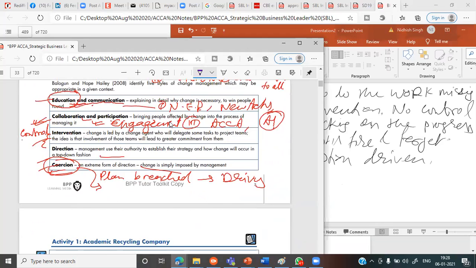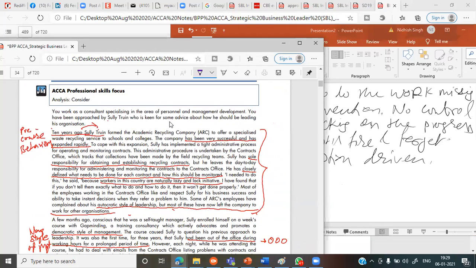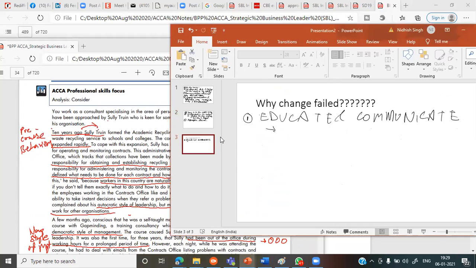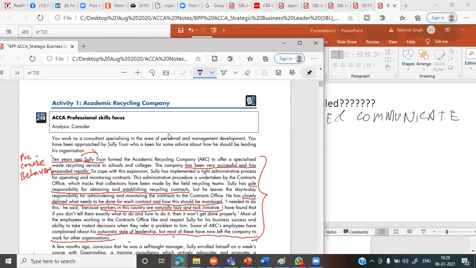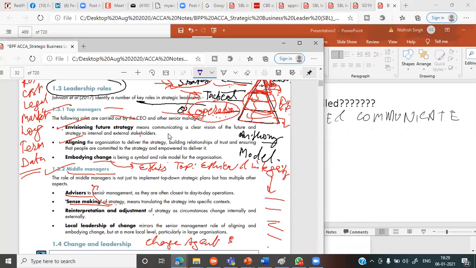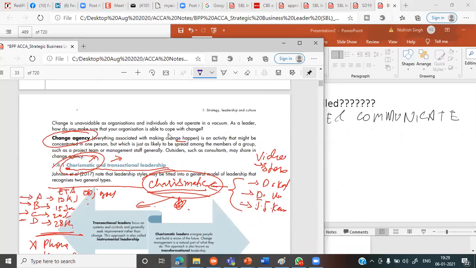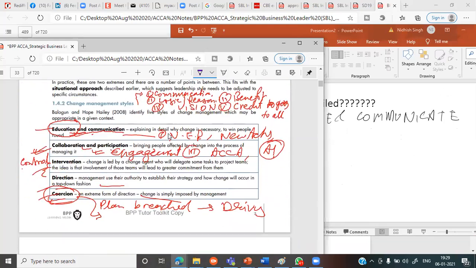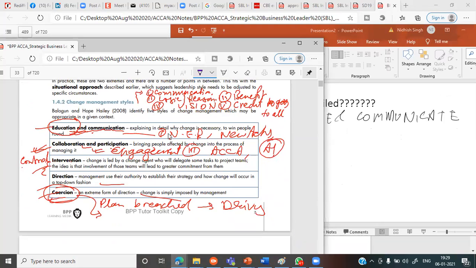We have to highlight, maybe we just need to put a couple of more evidence here, because these are the ingredients of the change management program anyway. See here, this is middle management, change agency, education and communication, collaboration and participation. This is the requirement for the change management style.